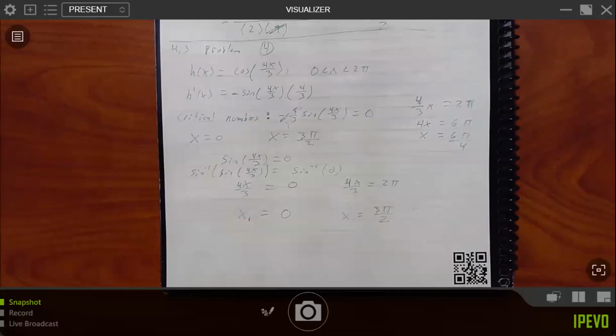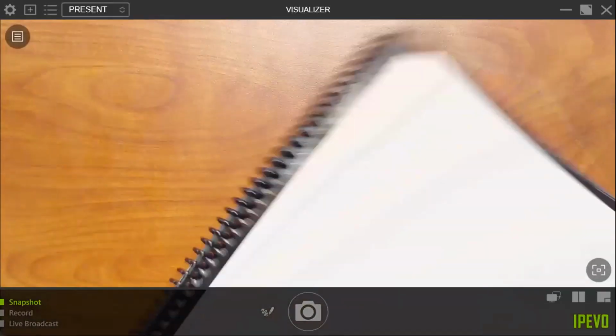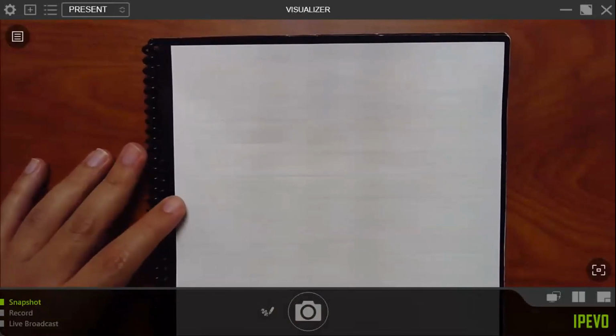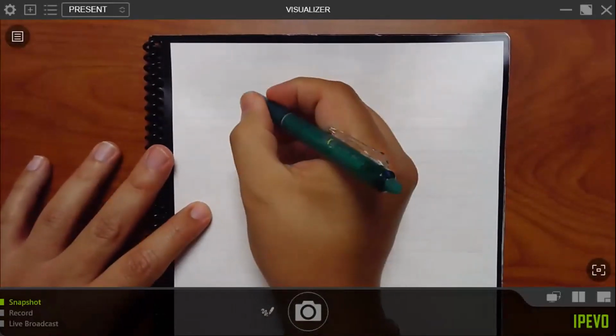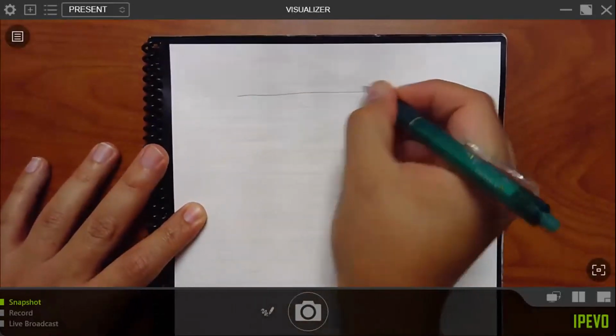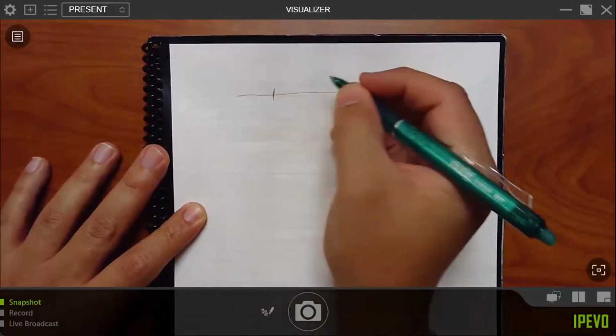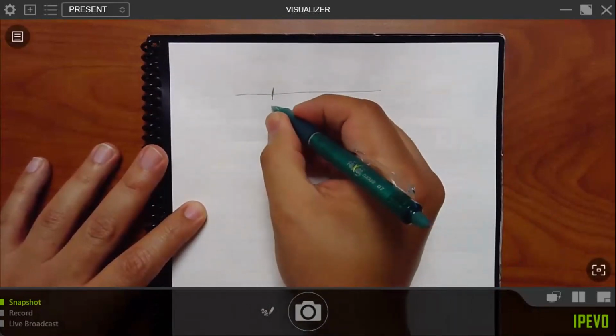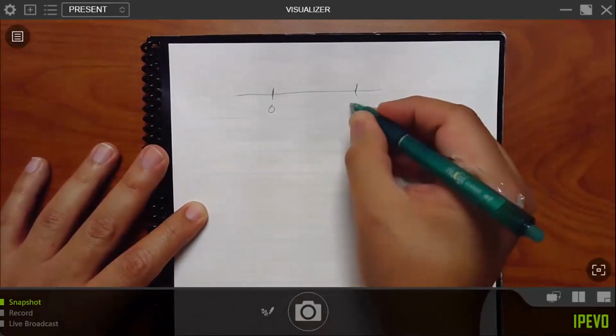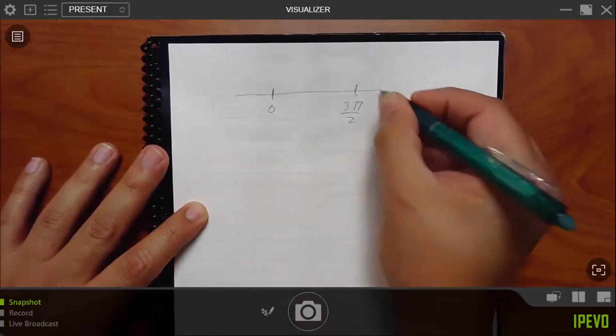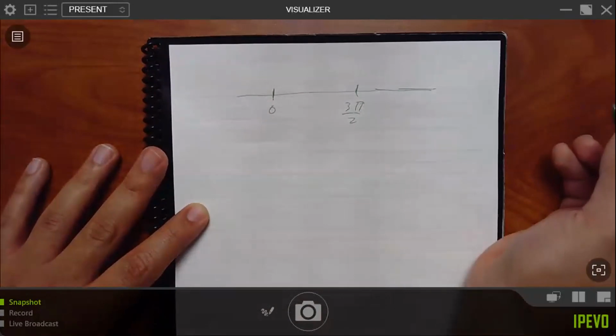Alrighty. What we're doing now, you guys go on that page? So we're testing between 0, 3 pi over 2, and after that.